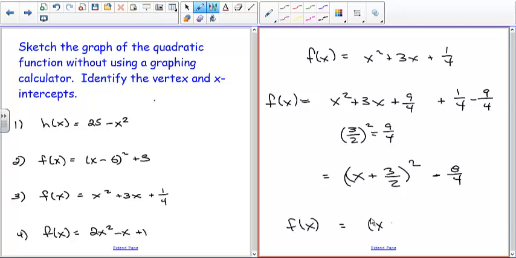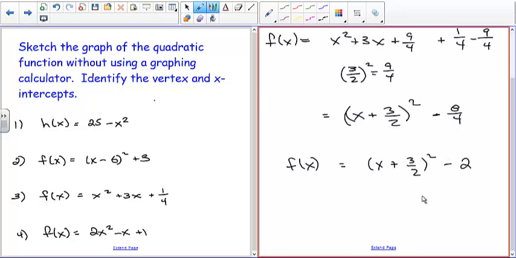So we get (x + 3/2)² − 2. Simplify that fraction. So now at this point we can find the vertex. Vertex form is (x − h)² + k.